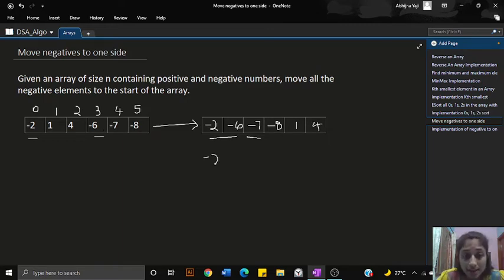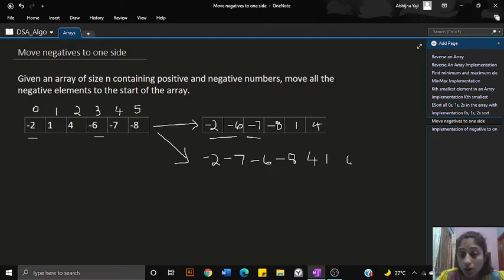So if I write minus 6, then I write probably minus 7, minus 6 and then minus 8, okay, and then maybe I write 4 and 1. This answer is also not wrong, but here what has happened, the order is changed. Why? Because minus 6 here is coming after minus 7, okay, but here in the original array minus 6 comes before minus 7.